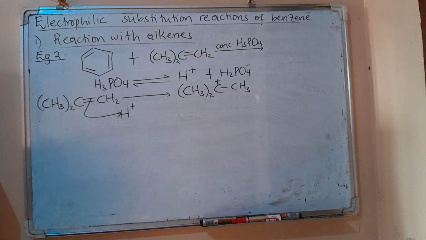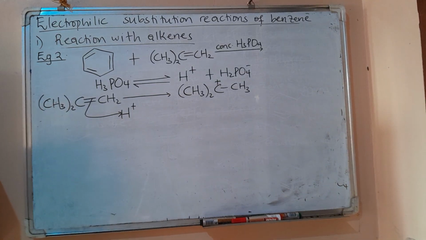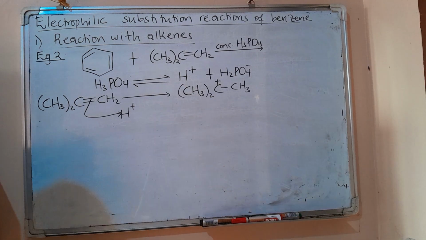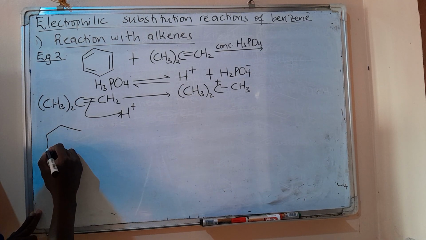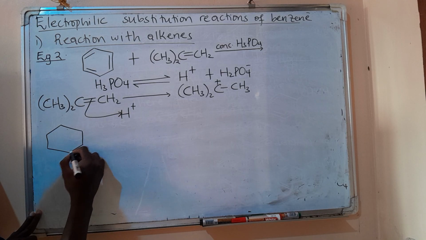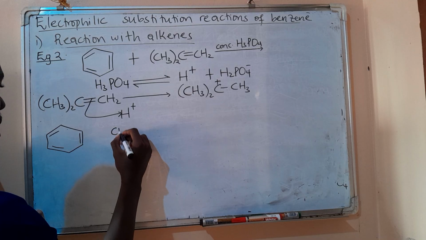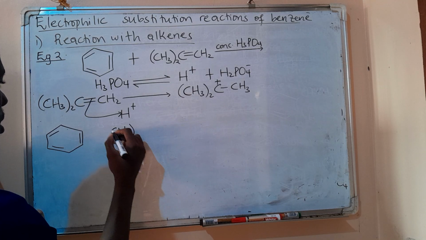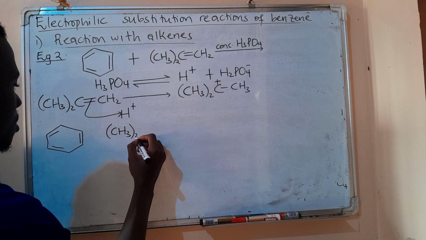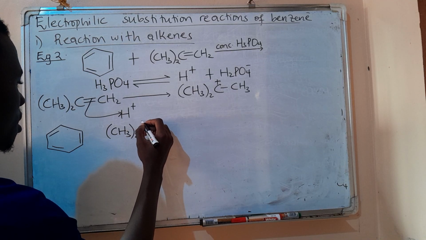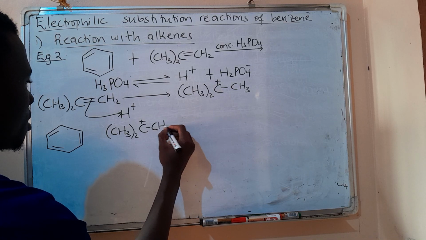Then in the second step, now we have the electrophile. In the second step, benzene donates electrons to form the electrophile. So I'll have my benzene, which is electron rich, with CH3 to CH3.